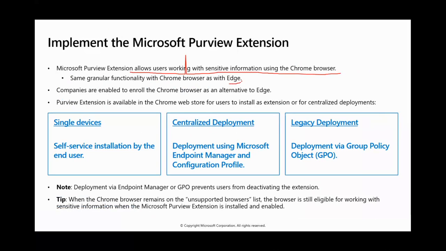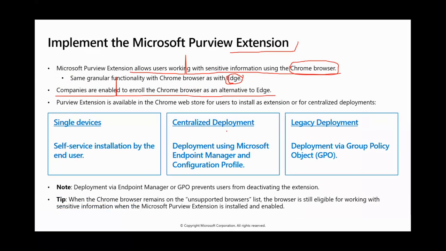Remember that Microsoft Edge is a product directly from Microsoft, and it supports some of these data loss prevention features. But now, if we install an extension for the Chrome browser, we can use these data loss prevention functionalities. So the companies that are enabled to enroll the Chrome browser as an alternative to Edge are going to be able to install this extension.